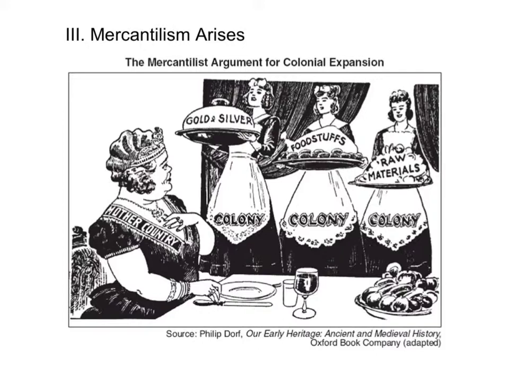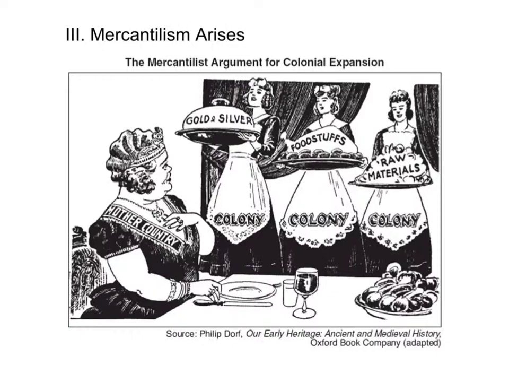So they would give all of their natural resources only to the mother country and not sell them to other countries, because that would be letting some of the wealth get away. So they didn't want to do that. And they also didn't want to allow cheap manufactured goods to be imported into their own country and then be in competition with their own manufactured goods.